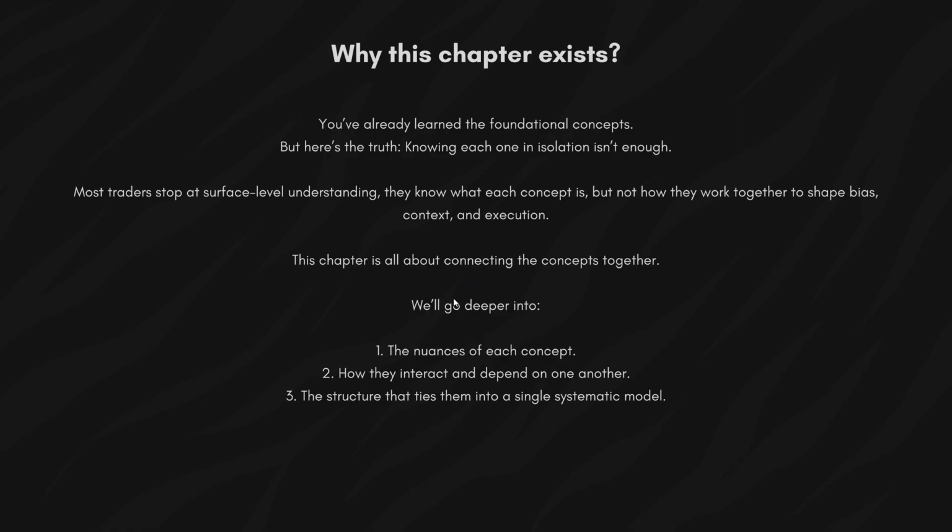Within this chapter we will dive deeper into how these concepts interact with each other, the nuances of these concepts, how they are dependent on one another, and more importantly, we will discuss the structure and frameworks that tie all of those concepts together into a single systematic model which you can actually execute, something that's consistent and mechanical with proper rules, frameworks, and logic behind it.